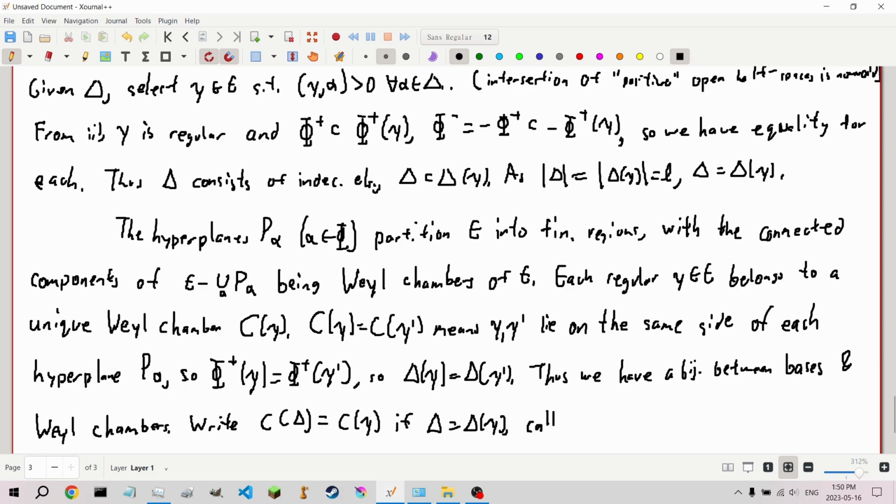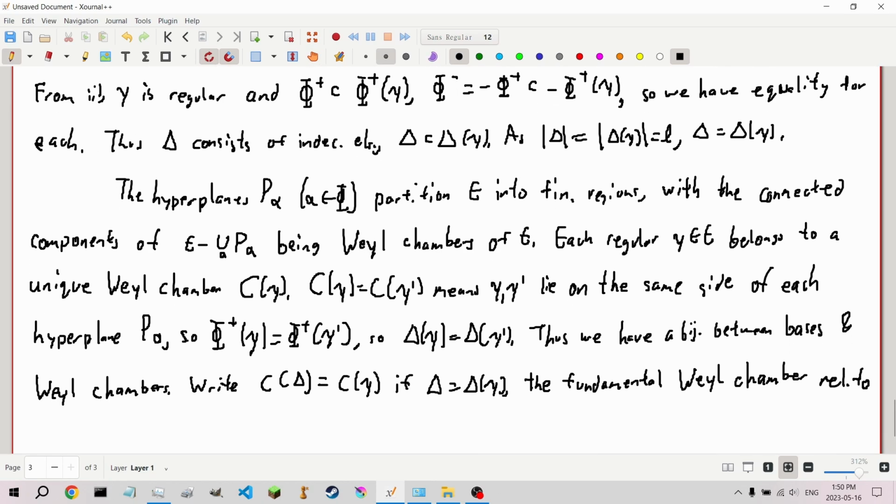And we call this the fundamental Weyl chamber relative to our basis delta.